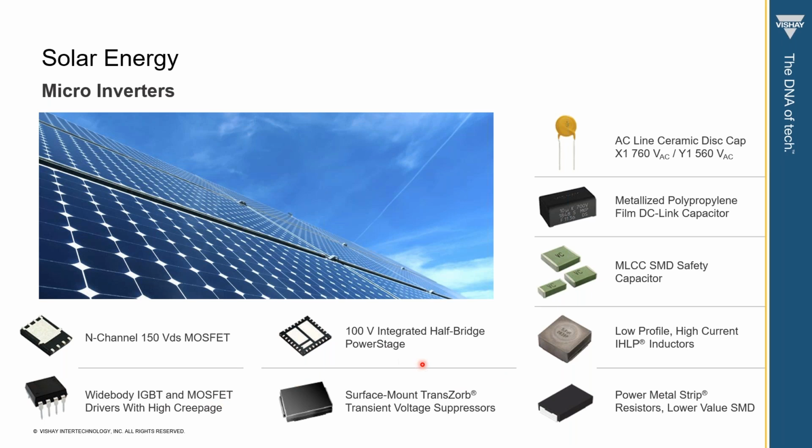Then we have the 100 volt integrated half bridge power stage, surface mount transient TVS, AC9 ceramic disc cap, and XY cap. Then we have the DC fan cap also, the MLCC safety cap, and a low profile, high current IHLP inductor. We do have the power metal strip resistor.